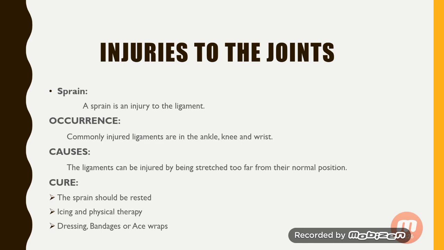The second type is the sprain, which occurs by an injury to the ligament. Commonly the sprain may occur at the ligaments of the ankles, knees, and the wrist. The common cause of sprain is that the ligaments can be injured by being stretched too far from their original position.